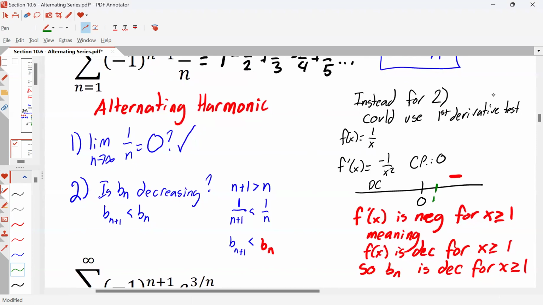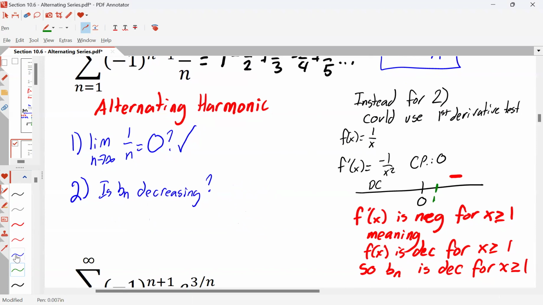So we have that the limit of b sub n is 0, and we know that b sub n is decreasing. Therefore, I'm going to erase this part, b sub n decreasing, and say, yes, this is true.